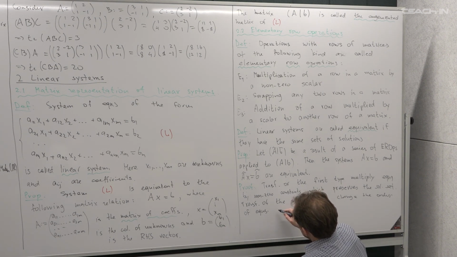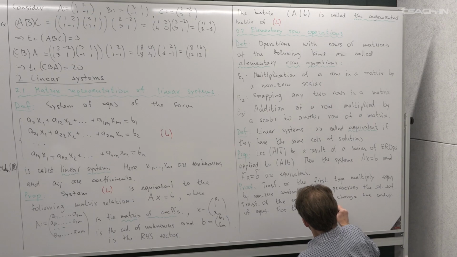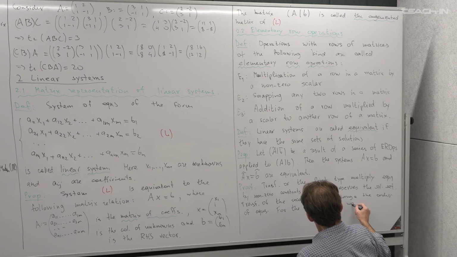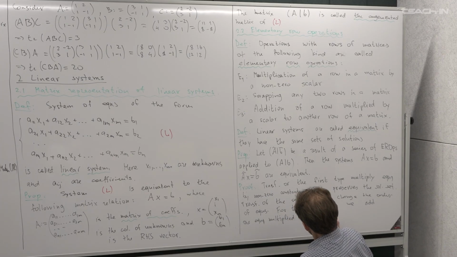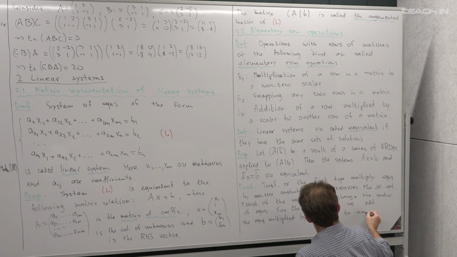So for the third type, we add one equation of our system multiplied by a scalar to another one.